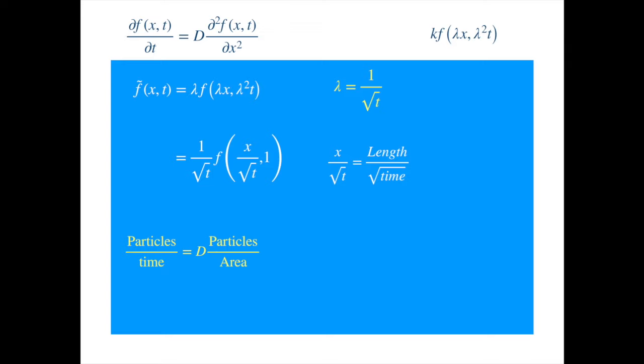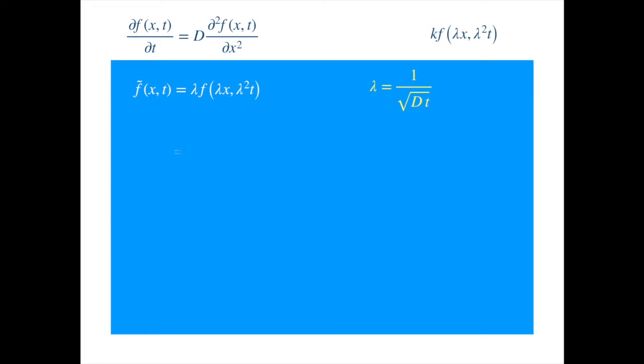Rearranging, we see that the D has the dimensions of area divided by time, the square root of which has exactly the same dimension as our variable. So if we divide the variable by the square root of D, then the variable z will become dimensionless. Remember, D is a constant, so this is a function of just one variable z now.